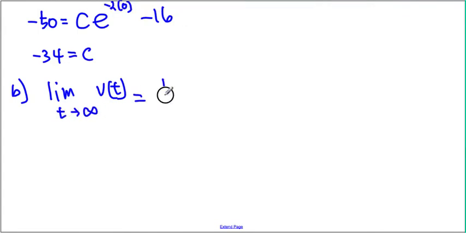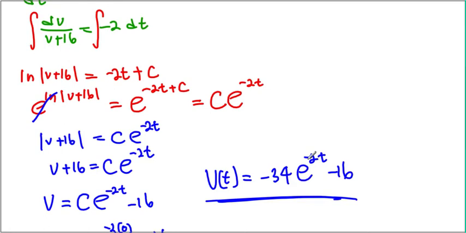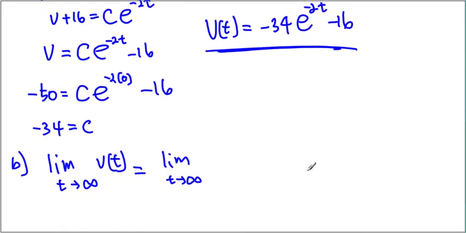If I rewrite the expression, a negative exponent implies that part of the expression can go to the denominator. So we have negative 34 over e to the 2t, minus 16.